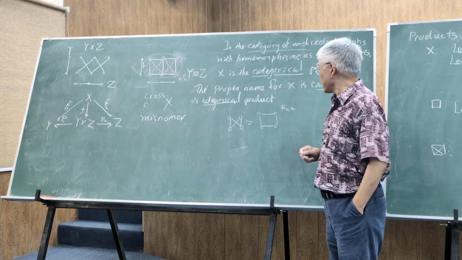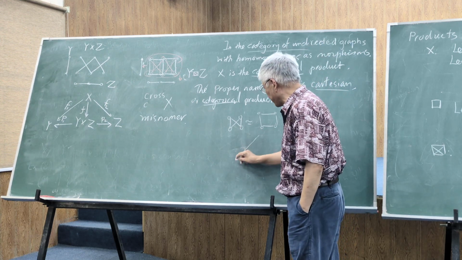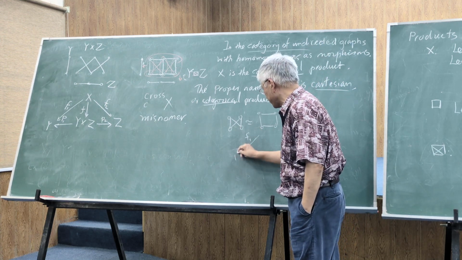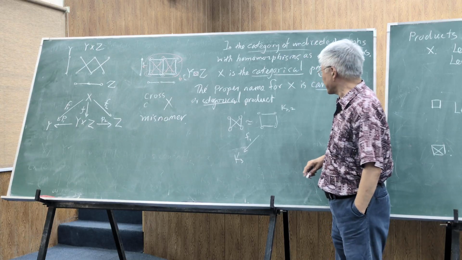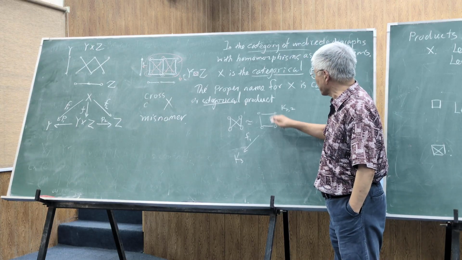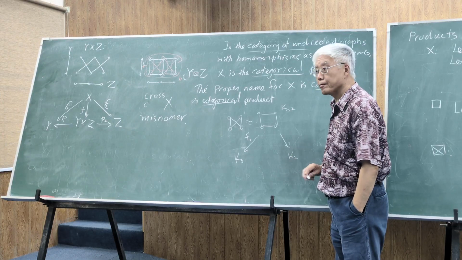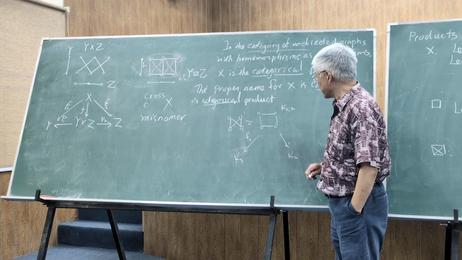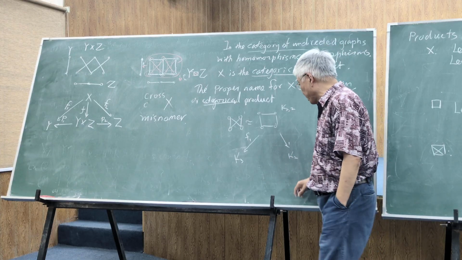This K22, if you contract this edge, you get K3. That's one. If you contract those two edges, you get K2.